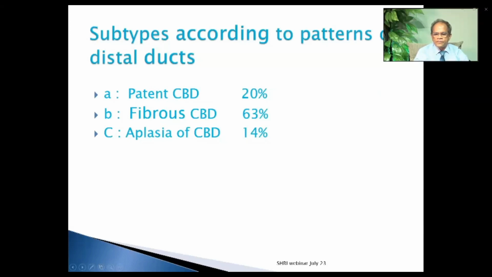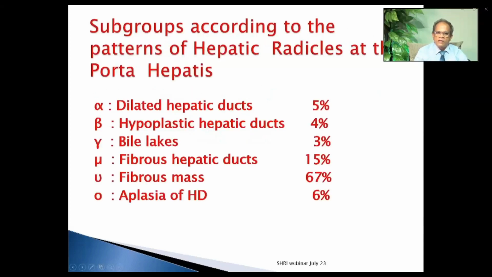And you divide them again into subdivisions in Greek letters, and that is by the hepatic radicals. So if you have atretic extrahepatic but dilated hepatic ducts, then you call it type alpha, about 5% of patients.